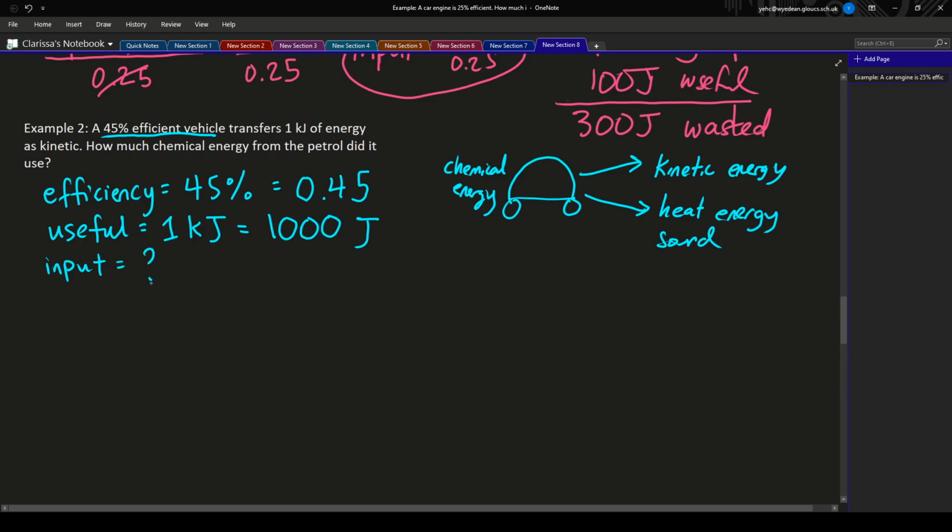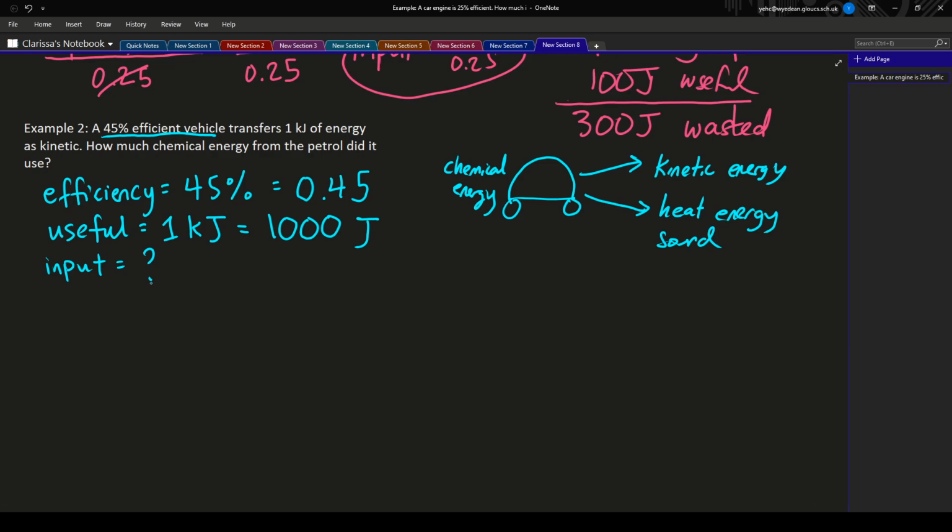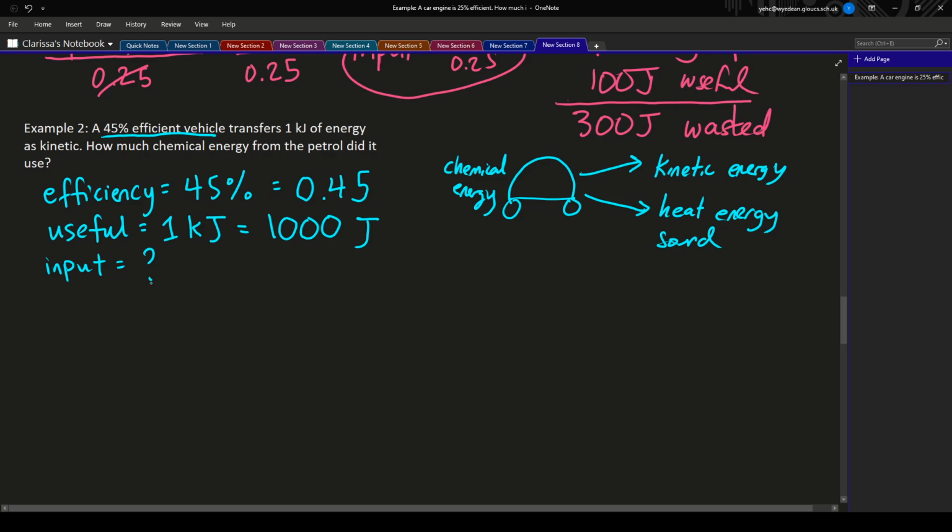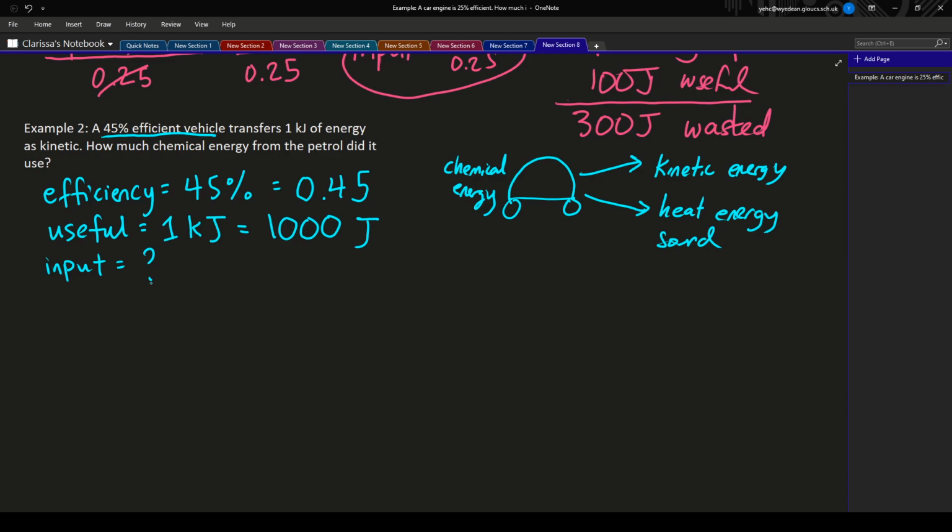So there we go. The tricky thing about a problem like this is that there's layers to it. Unlike the last problem, it did not explicitly say what is useful, what is wasted, what is the input. It just told you the actual energy stores.